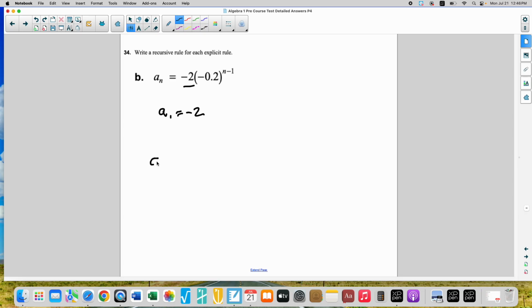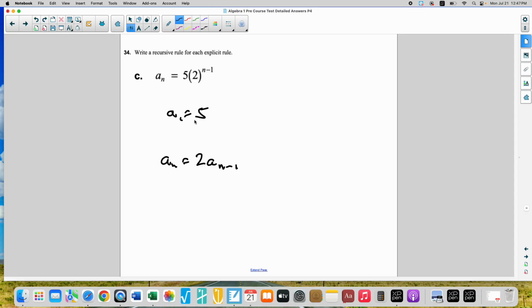So it's going to be a sub n equals negative 0.2 times a sub n minus 1. And this is going to be a sub n equals 2 times the term before it. Okay. Got it.